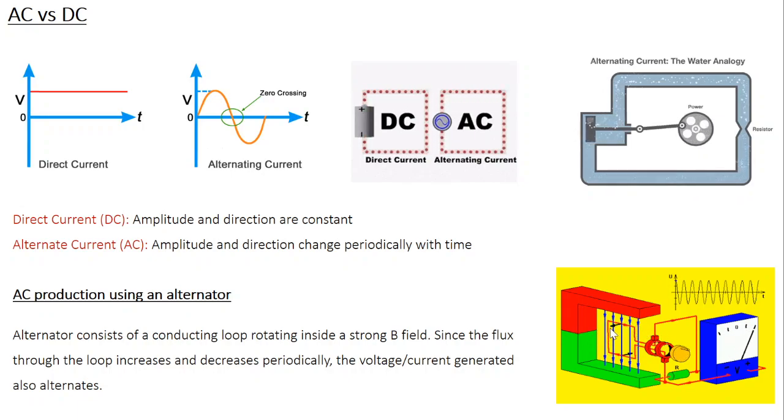So when it rotates, the flux through the loop changes periodically, and because of electromagnetic induction, this produces an EMF. As the flux change is periodic, the resultant EMF is also periodic.